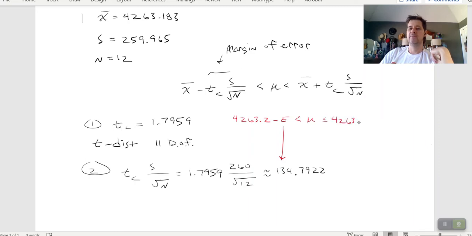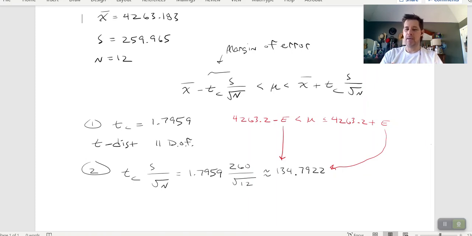And again, I'm using for the sample mean the number my MyMathLab has already asked me for, which was 4263.2. It was rounded to 1 decimal place. And then I'll do plus E, where that's this number right here. Okay, so let's do that.